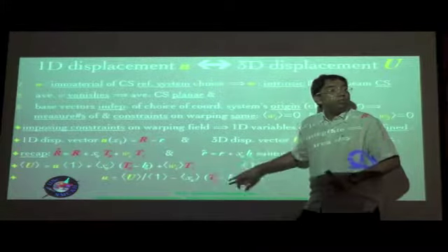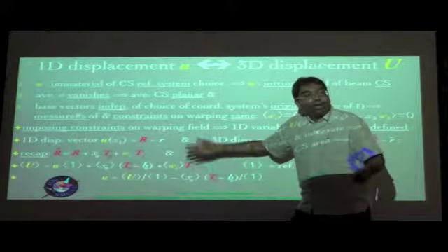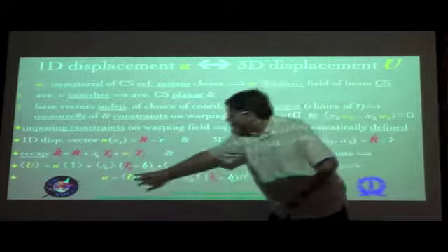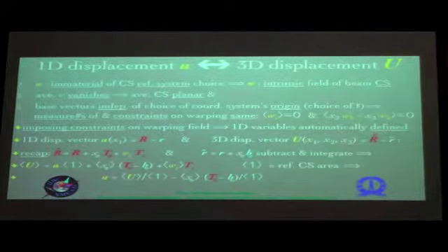So your T alpha and B alpha would coincide. So irrespective of the choice of the reference curve as the centroidal axis or not, you could still get rid of this term and still have the same relationship between the 1D and 3D displacement fields.